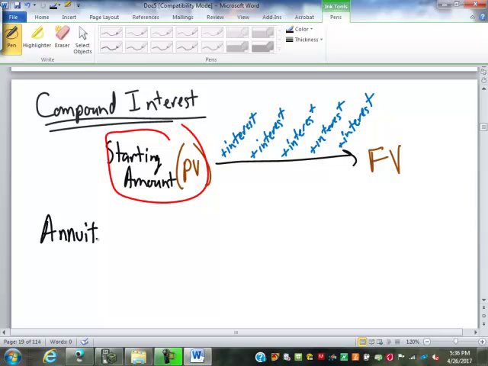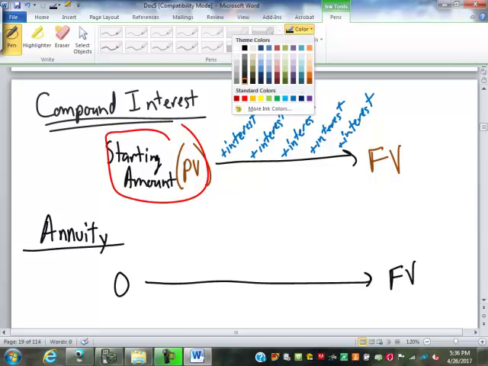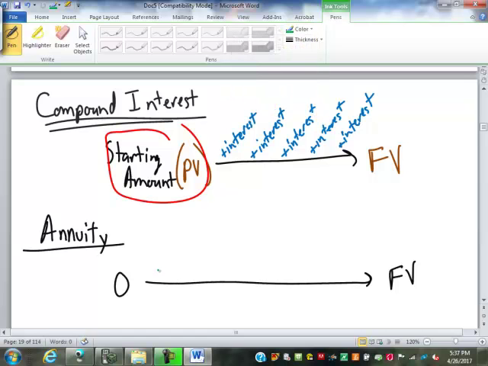So for an annuity, we have that starting amount is going to be usually 0. And it's going to go to some future amount. And along the way, there's a payment that goes into it.